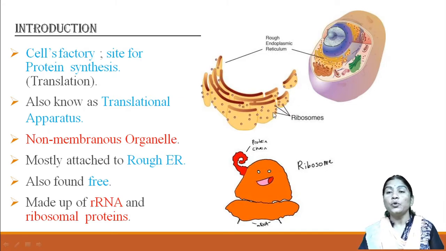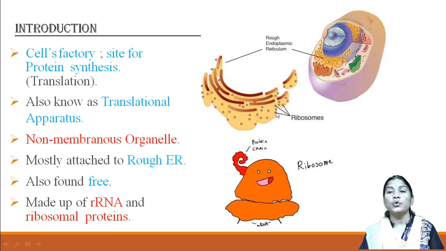When the ribosomes are attached to this endoplasmic reticulum, the surface appears very rough, and due to this rough appearance, it is called the rough endoplasmic reticulum. Most of the time these ribosomes are attached to the endoplasmic reticulum. Rarely they are found freely in the cytoplasm of the cell.